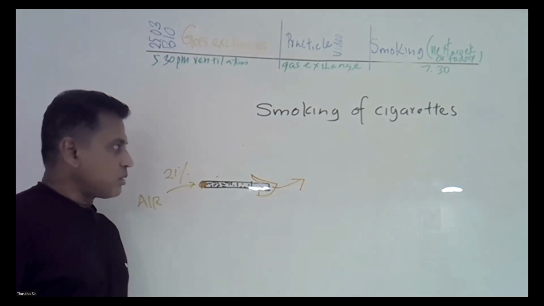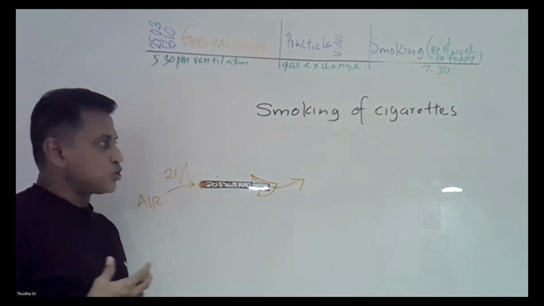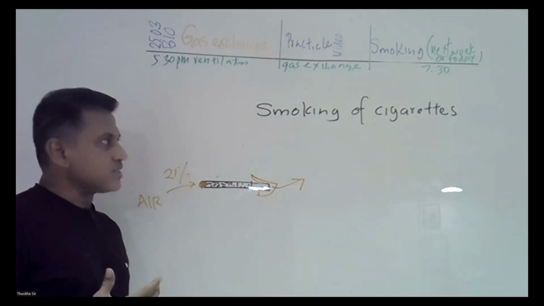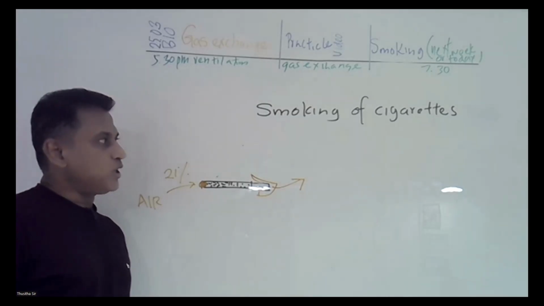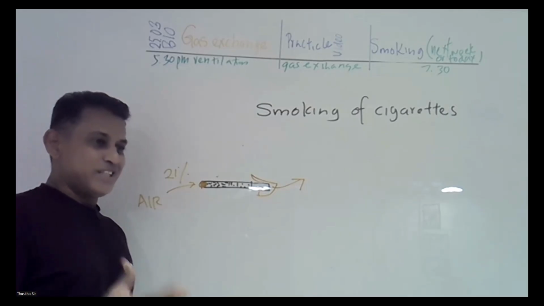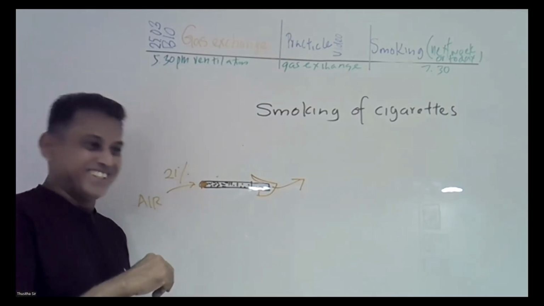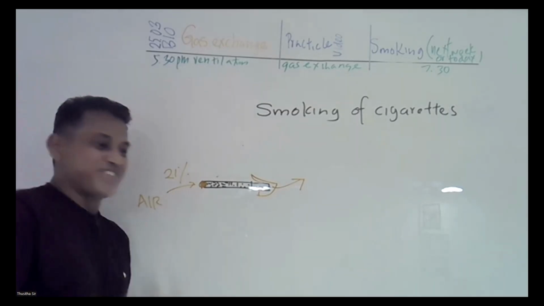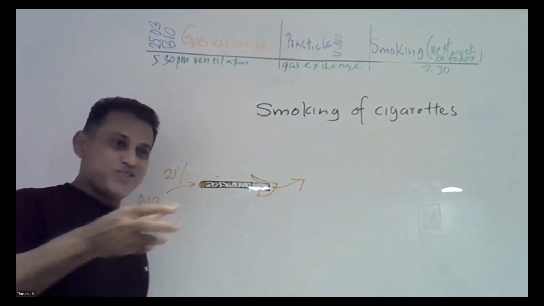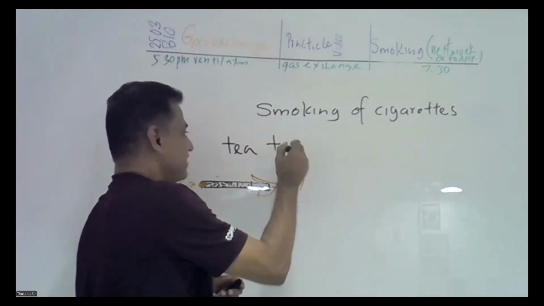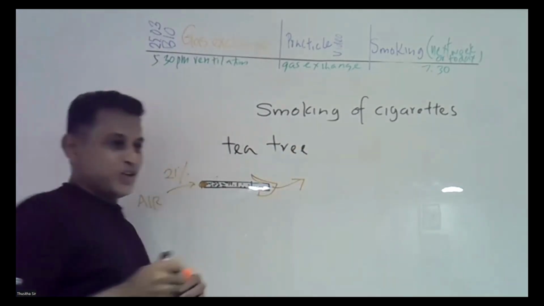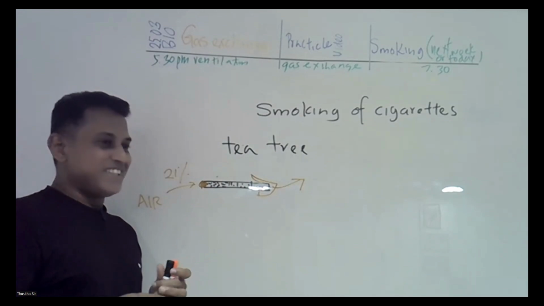Why do people use only tobacco plants to make cigarettes, to smoke cigarettes? Why do people use only the tea leaf to drink tea? My question is, why do people only use the leaf from the tea tree to make tea?